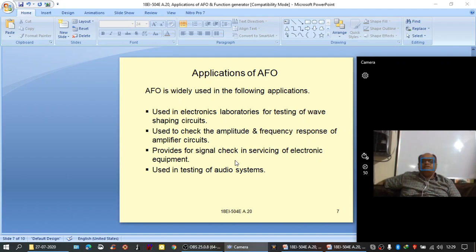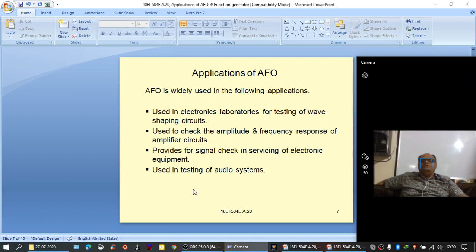Whether the purpose is fulfilled or not, to check that, we have to first check the electronic equipment using a test signal. So, for servicing of electronic equipment, the AFO is used to provide a test signal.